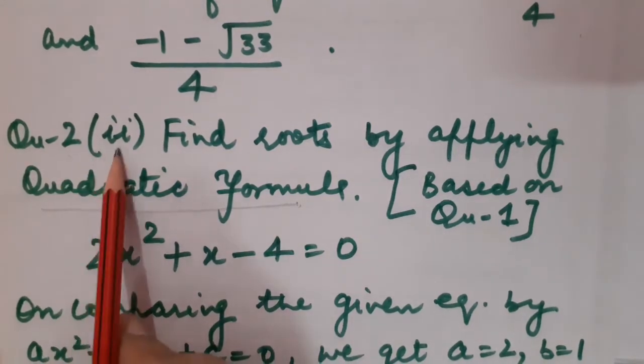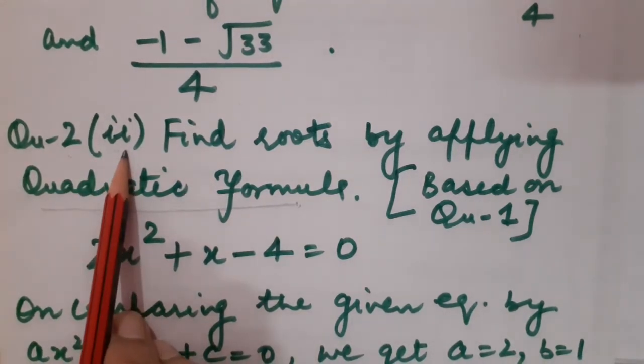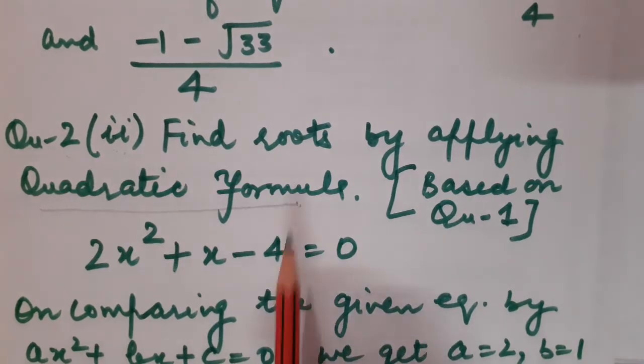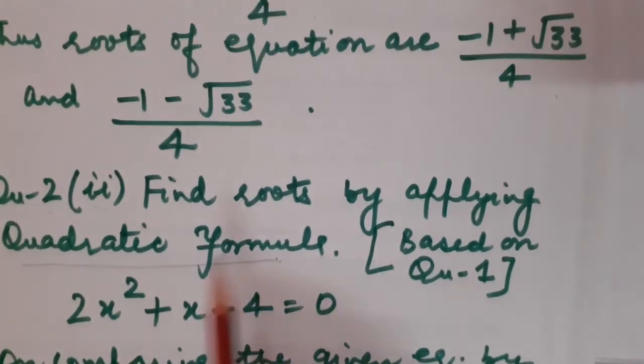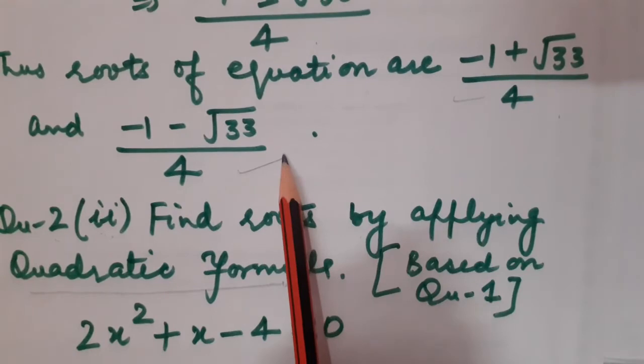Basically this is question number 2, second part. What is said in question number 2? That you have to find the roots of all the quadratic equations which are given in question number 1. Now you have to apply the quadratic formula instead of the completing the perfect square method. So let us check whether I am going to get these very roots only or not.